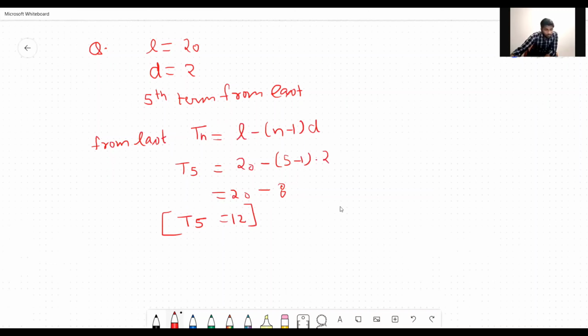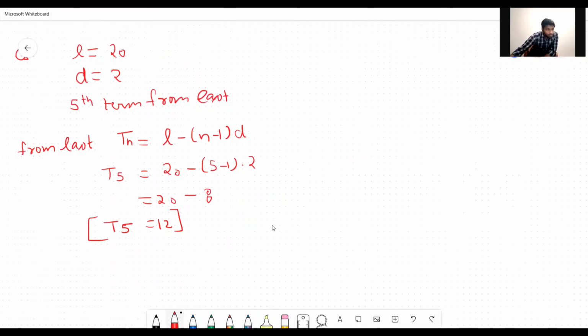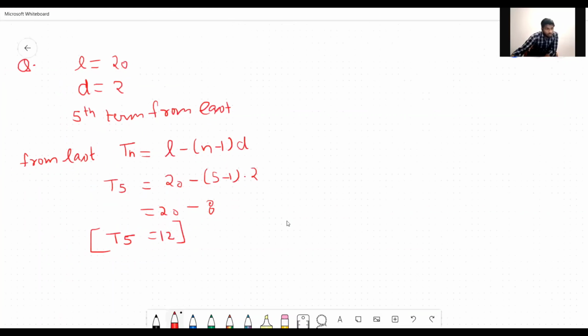The question can be asked in this form. Another question we can be asked is: the first term of an AP is 5 and the total number of terms n is 10.